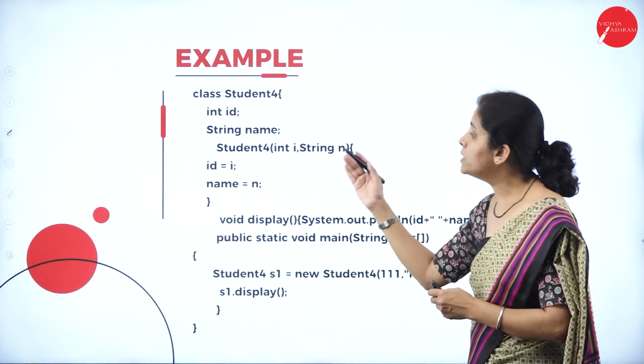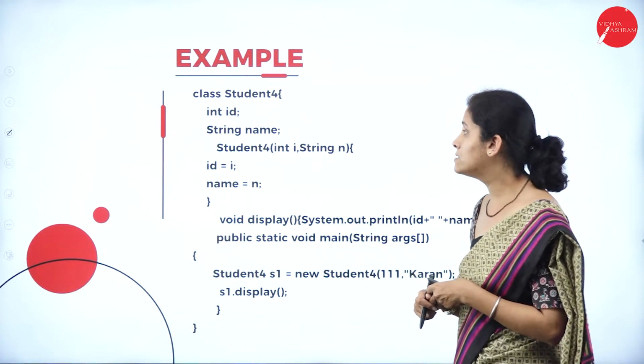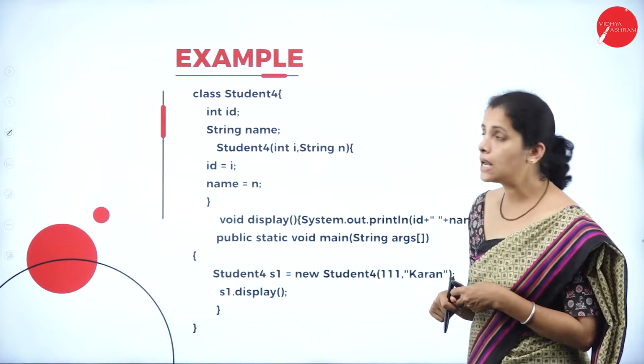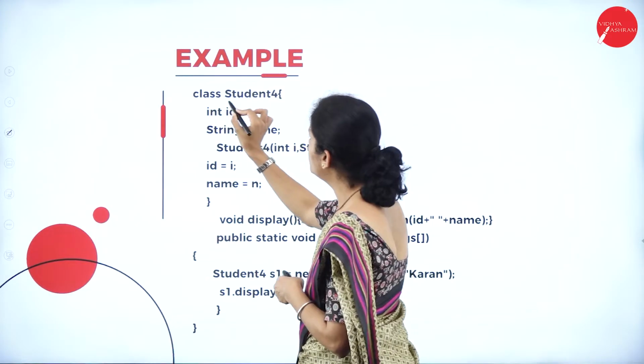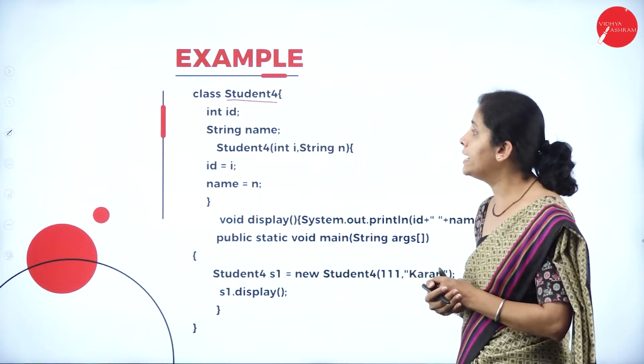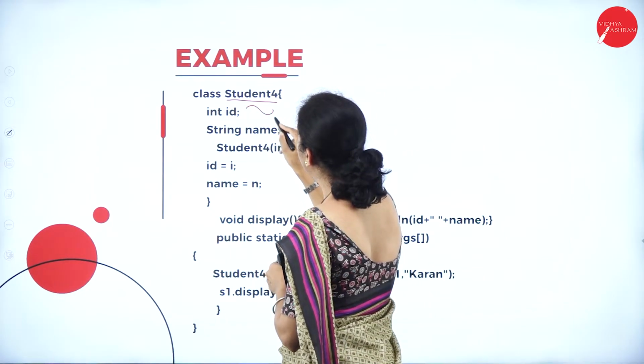Now dear student, I am going to have a simple program here, and this is the program used to illustrate the parameterized constructor. What is my class name? That is nothing but student4. Inside this, I have two fields.